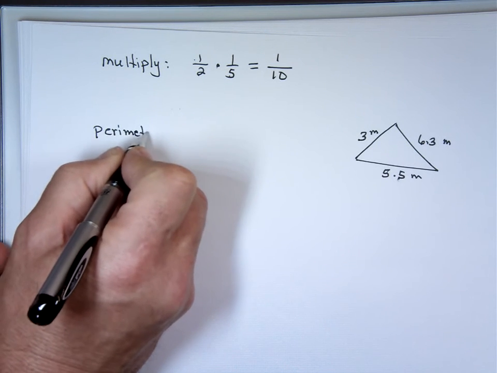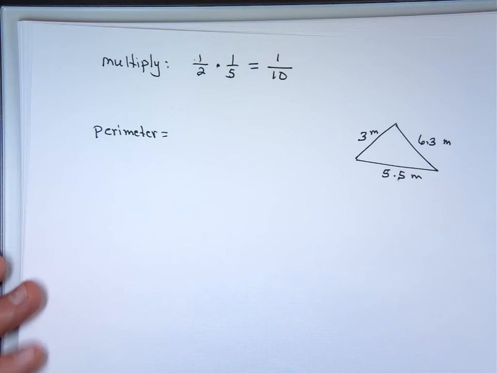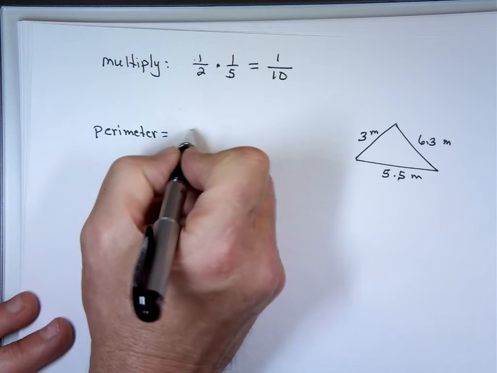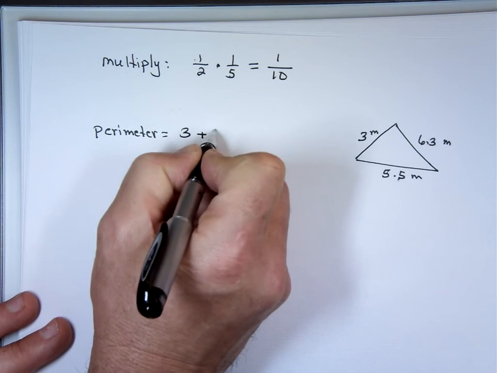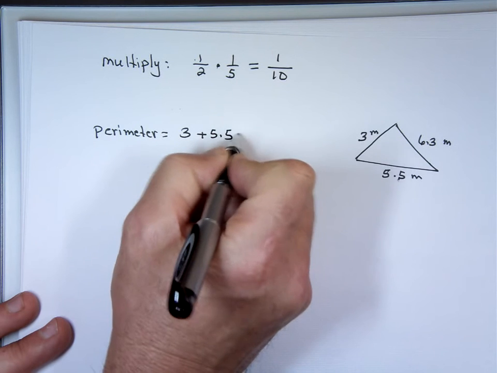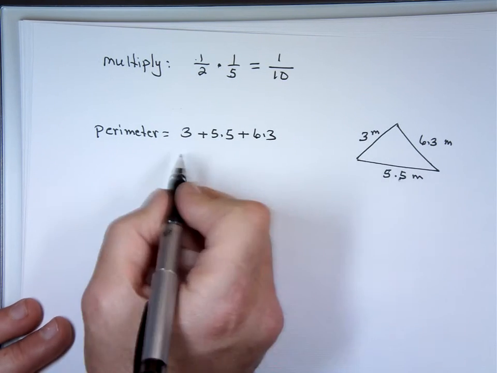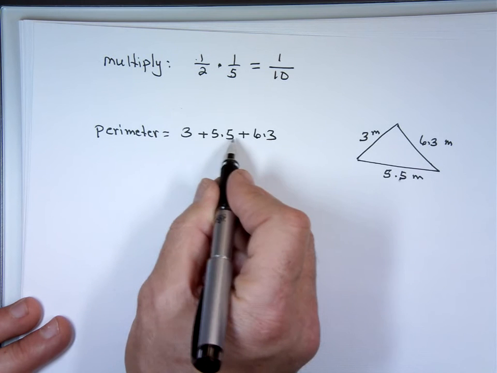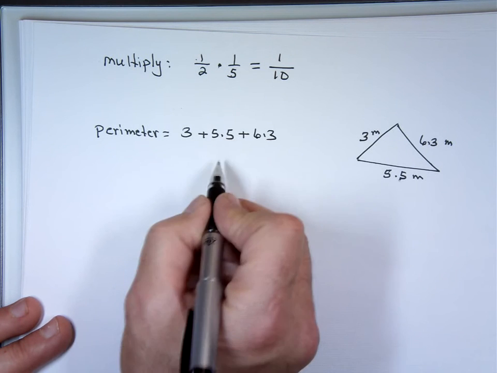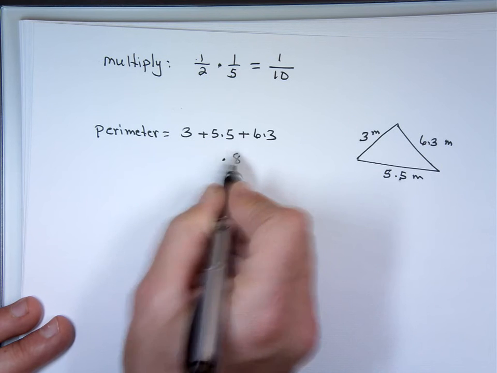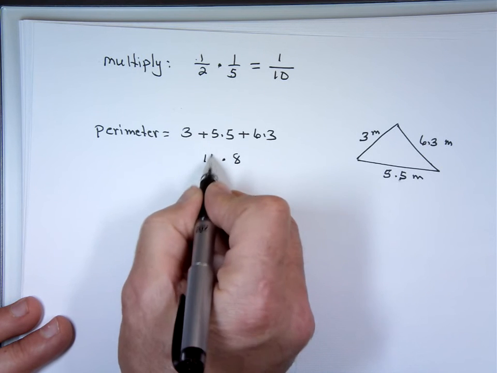How do we find the perimeter? Add all the sides, yes. And if you want to stack them and add them, you can. That's 8.5, 14.8.